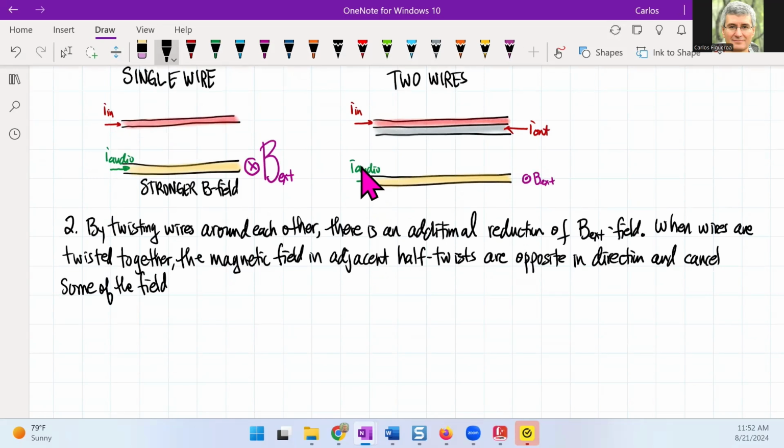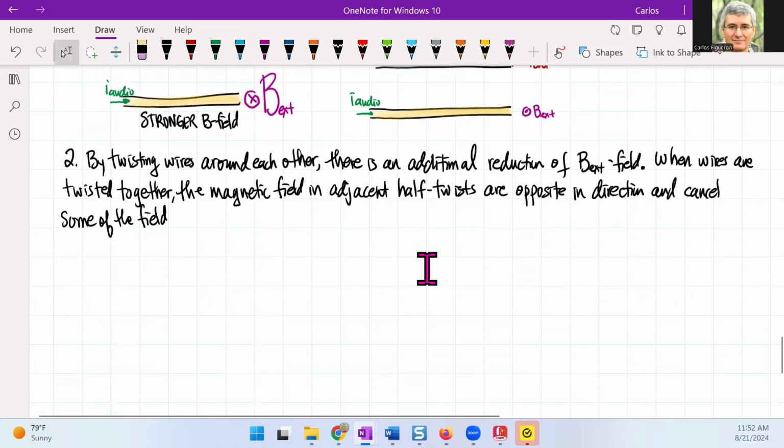In fact, it almost cancels all of the fields. I should have been a little bit more careful with that language.